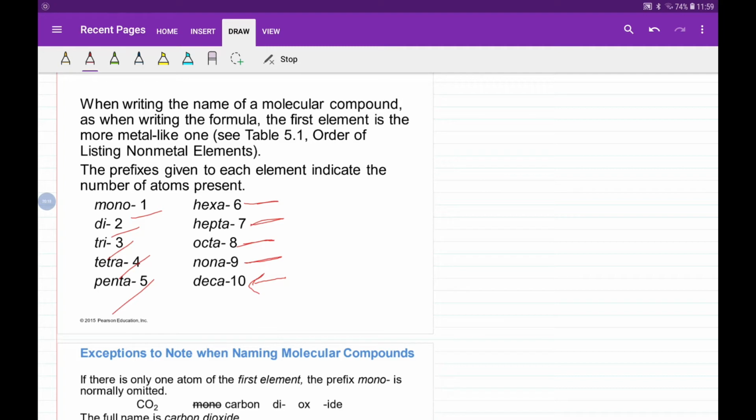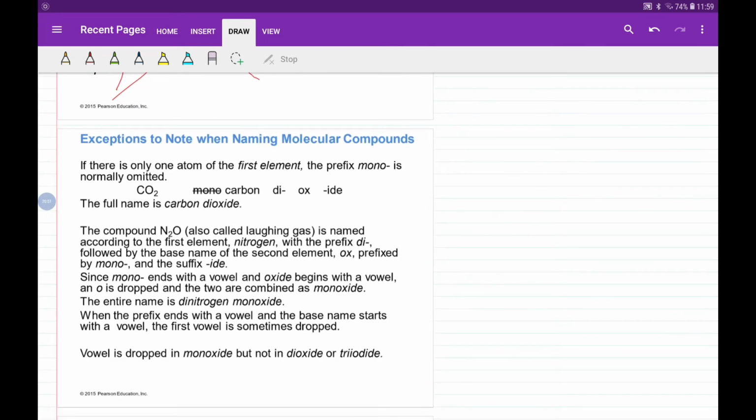When we use these prefixes, if the name of the element starts with a vowel, we are going to drop the O and the A from the prefixes, not the I. So for these two, we will not drop the I, but for the rest of them, we are going to drop the A's as well as the O from the prefix. And we do not use mono prefix for the first element.